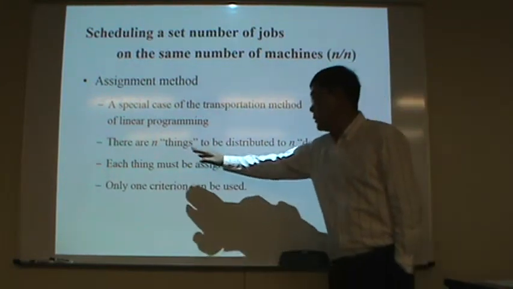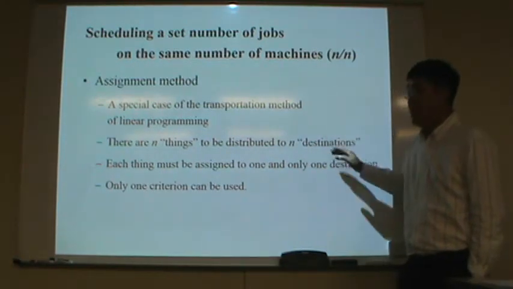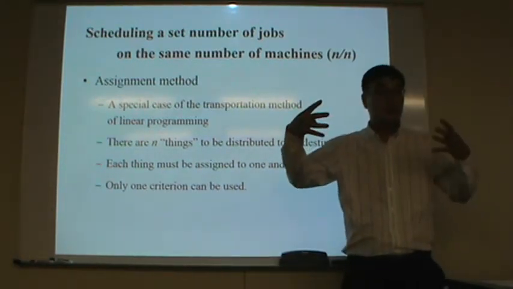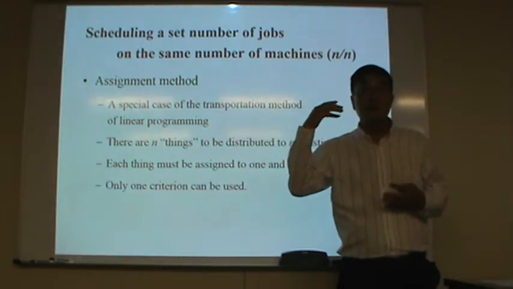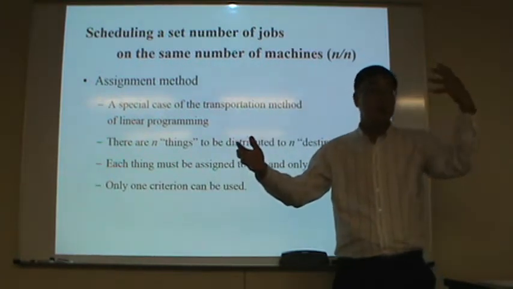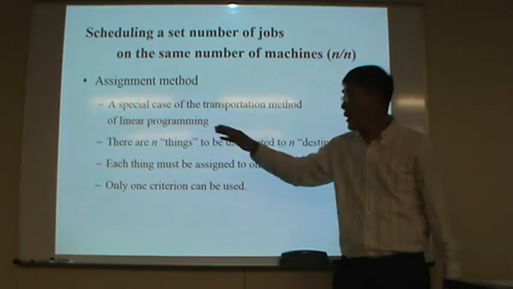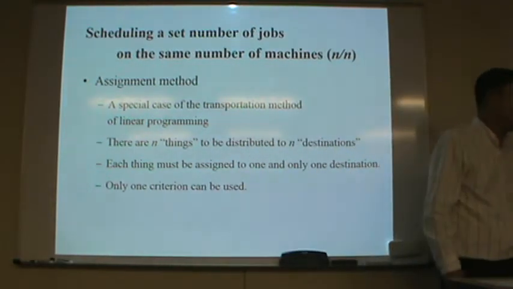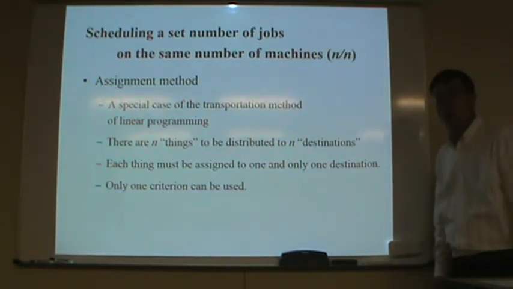There are n things to be distributed to n destinations, the same number. Like the transportation method, the same number of suppliers and customers, matched end to end. Each thing must be assigned to one and only one destination.